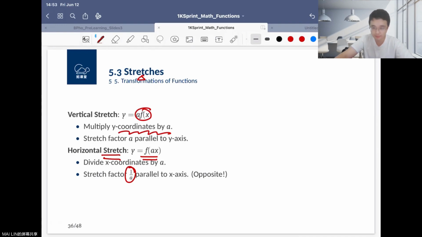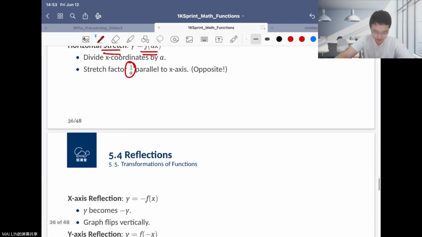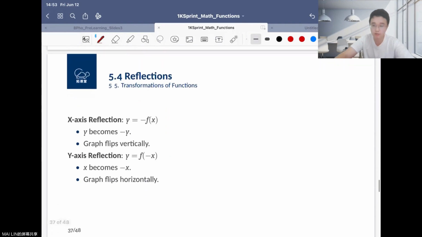Let's move on to the third one, called reflection. Reflection means we can understand it as y equals negative f(x), which means y becomes negative y.